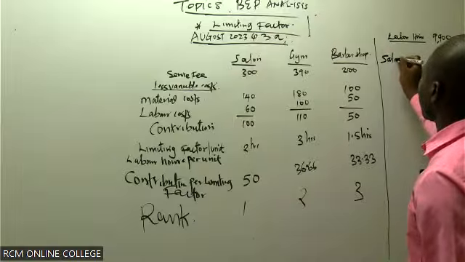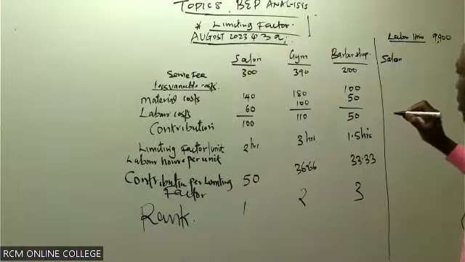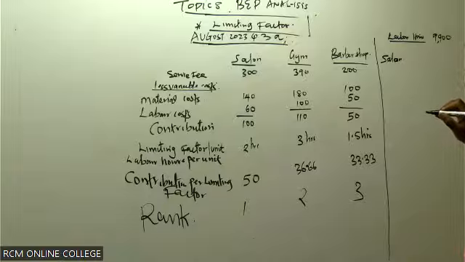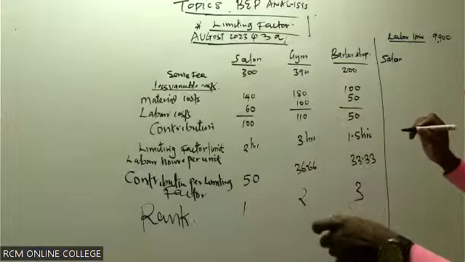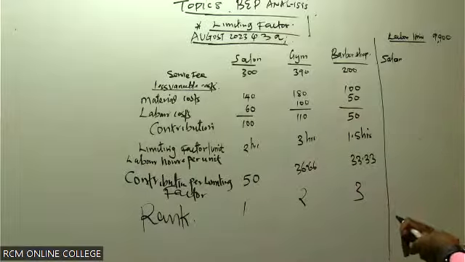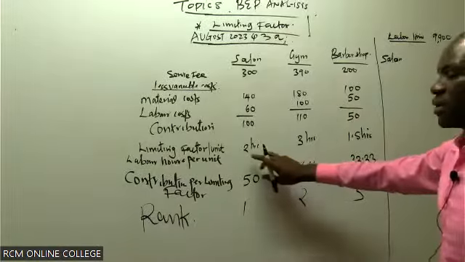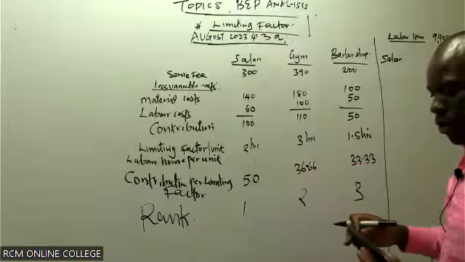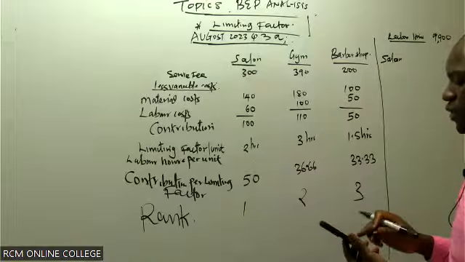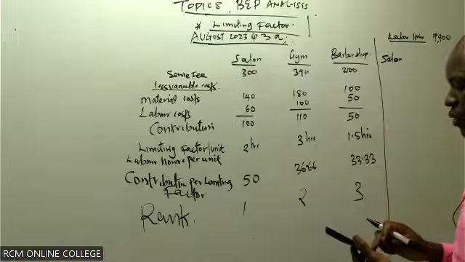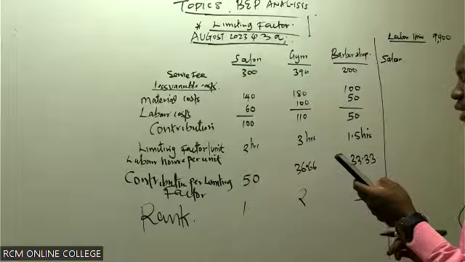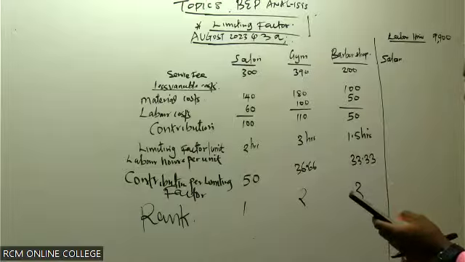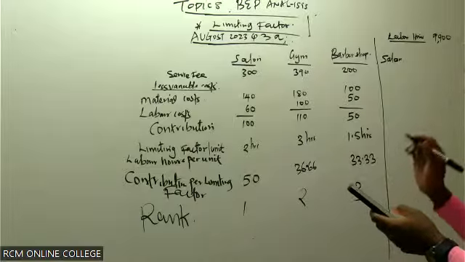In the salon, we need 2 hours to serve 1 client. Now, within that department, what is the maximum number of clients in the salon? 3,000. Are you able to see that 3,000 somewhere?